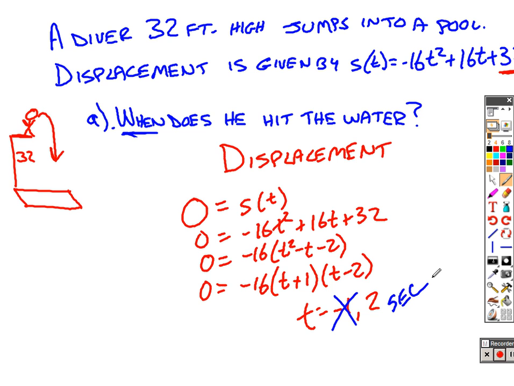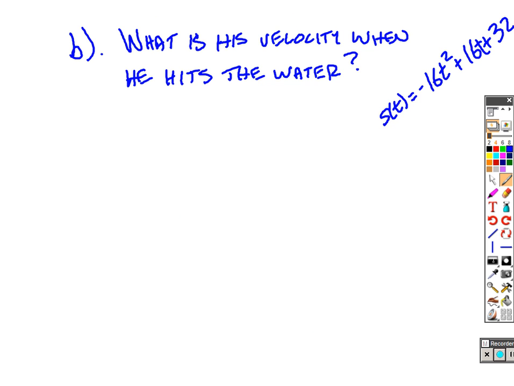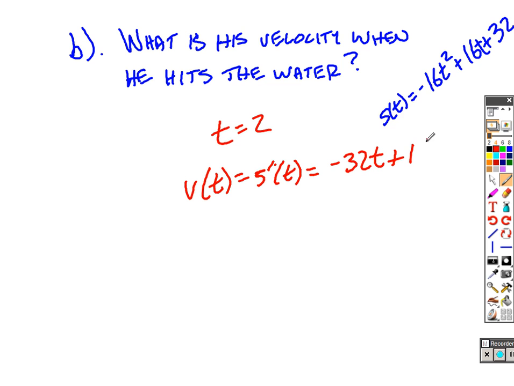2 seconds, we'll say. Now the second part of this problem is going to be, what is his velocity when he hits the water? So what we want to know at t equals 2, we need to find the velocity function first, which we do by taking the derivative of s of t. So s prime of t is going to equal negative 32t plus 16.